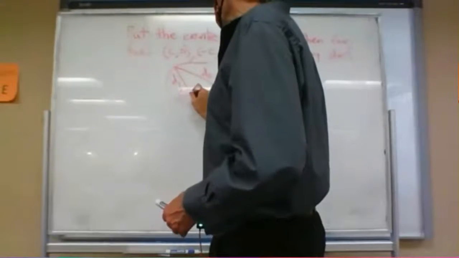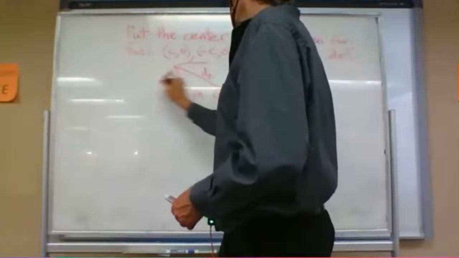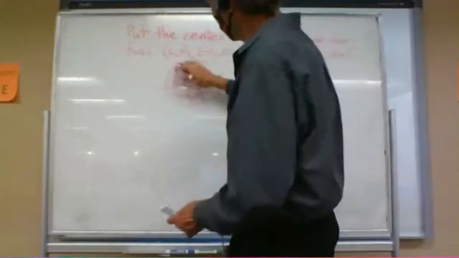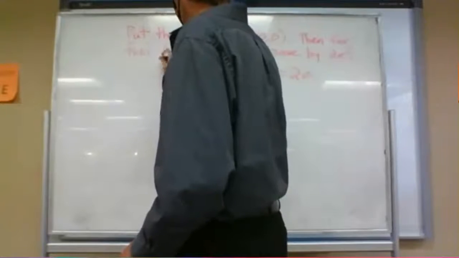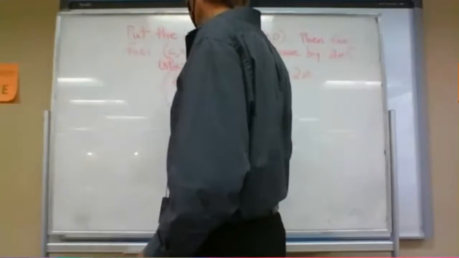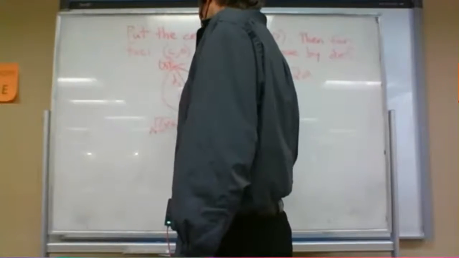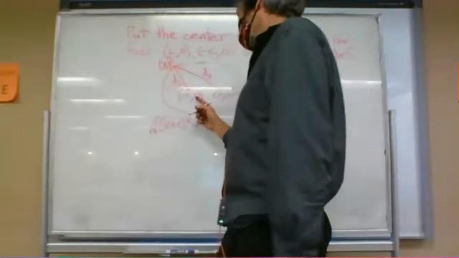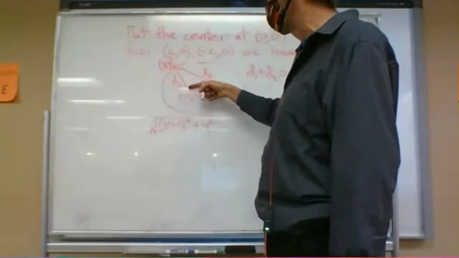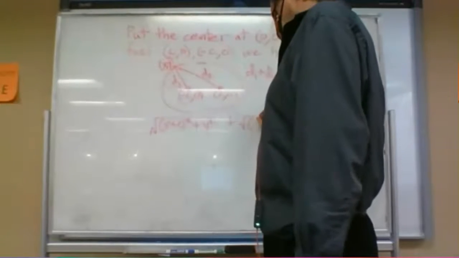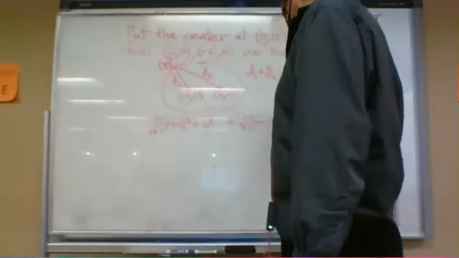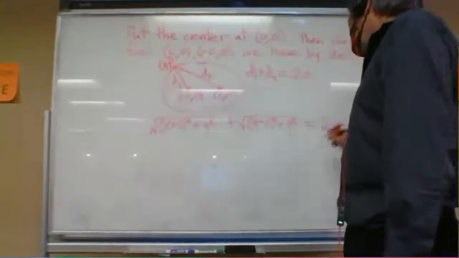If this is the point (-c, 0) and this is the point (c, 0) along the x-axis, and this is the point (x, y), then the distance by the distance formula is the square root of (x + c) squared plus (y - 0) squared. That's just the Pythagorean theorem. Plus this distance, the square root of (x - c) squared plus y squared, equals the given number 2a.